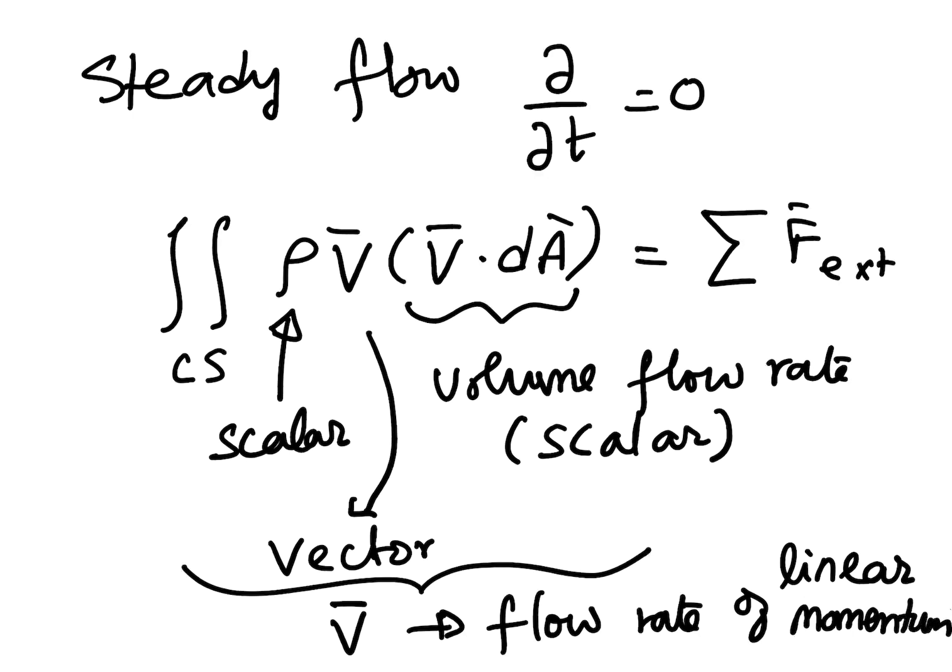Okay. On the right side here, you have this term, which is also a vector because it's a sum of forces. It has to be a vector. So we are equating a vector to a vector. Just wanted to highlight the point that the left side, even though it has multiple vectors, it is just a vector multiplied by two scalars. Okay.